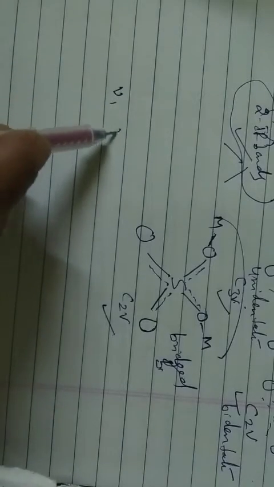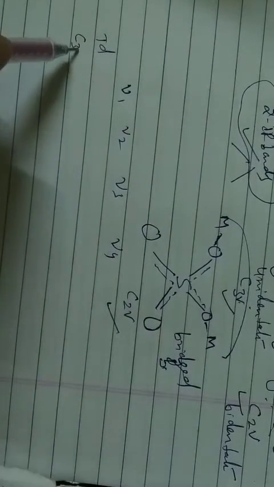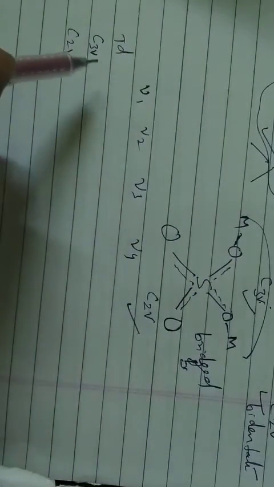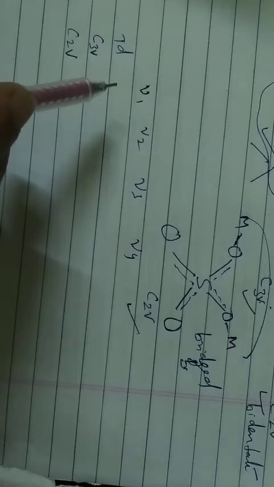You can also give a table if you wish, with nu1, nu2, nu3 and nu4 for tetrahedral, C3V, and C2V. What vibration is shown by each? If you give this, that is well and good.